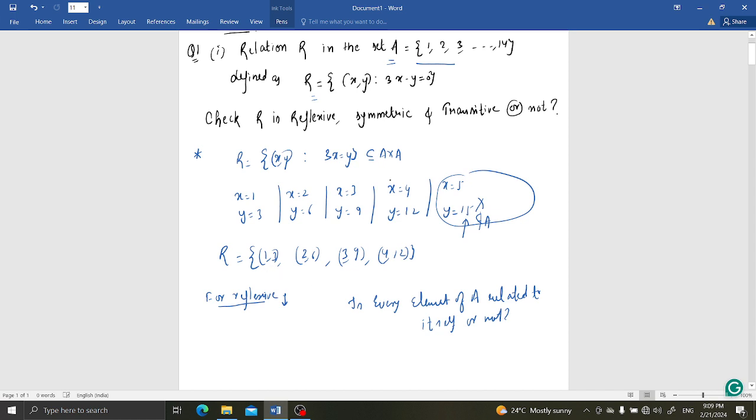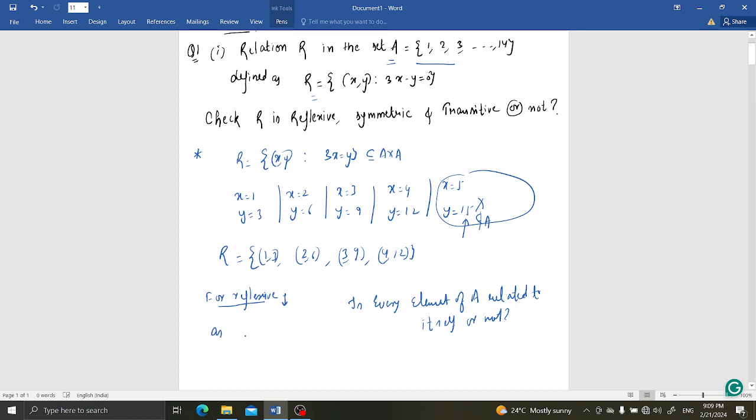Here we observe A is 1, 2, 3 up to 14. So (1, 1) has to be here, (2, 2) has to be here, (3, 3) has to be here, (14, 14) has to be here for it to be reflexive. But here there is not a single such element present, so it is not reflexive.